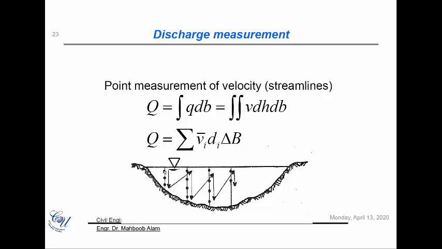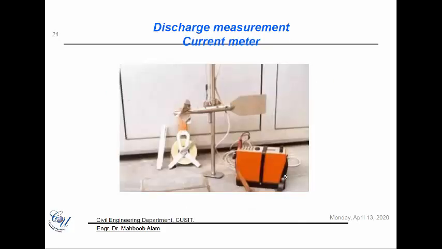We'll calculate the velocity, or we'll use the data and then convert that data to find out the velocity. And we do this at different depths. We move along the width, take the measurements again, move along, take the measurements, and similarly we compute the whole thing. And we take the average of the velocities and compute it with the area or the width.